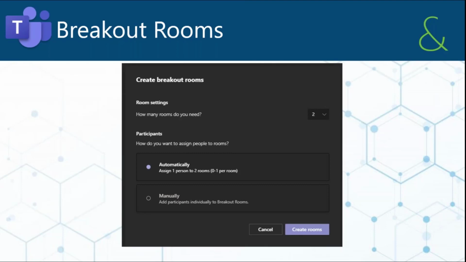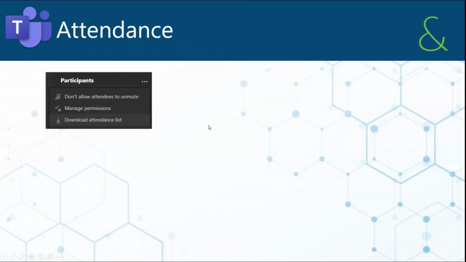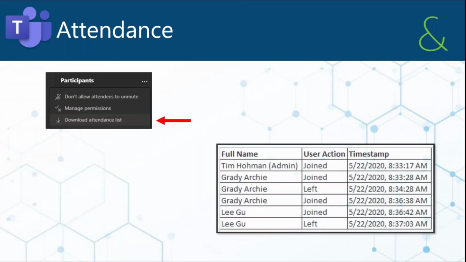And then when you're done, you can bring them back together. So a great way to do things that you may have traditionally done in a big meeting, virtually. And I can kind of demo that, but I'm only going to have 3 people in my meeting, so it's not quite the same.